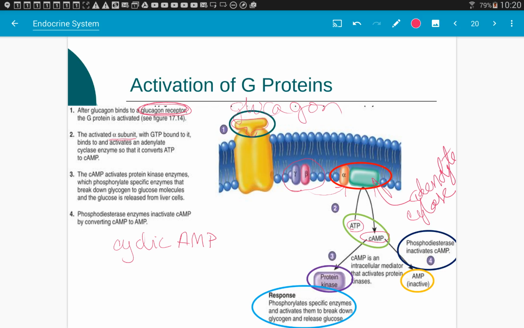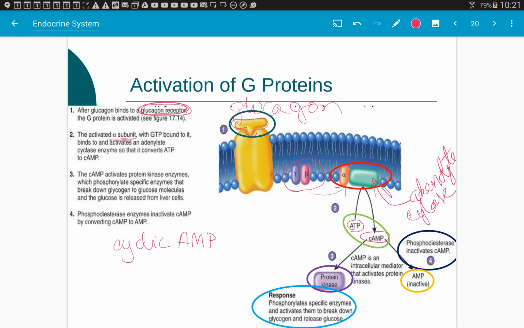So one, if cyclic AMP is activated, the third step here is then it activates protein kinases. You can see them right here. So if we activate protein kinases, what are they doing? The protein kinases activate specific enzymes that help break down glycogen. It breaks down glycogen, it releases glucose into the bloodstream. Bam!